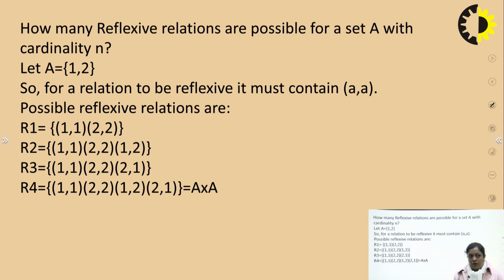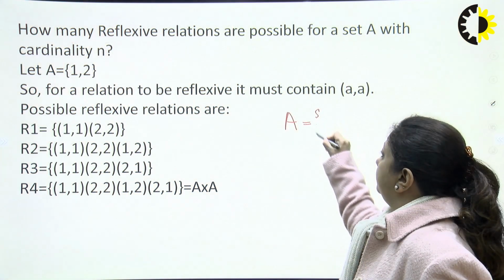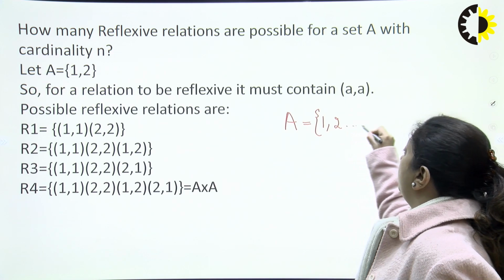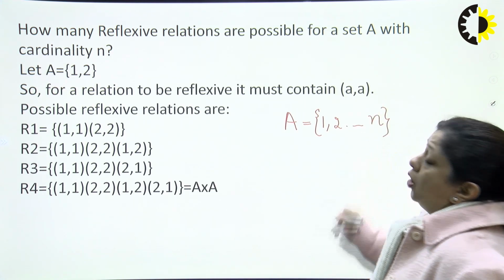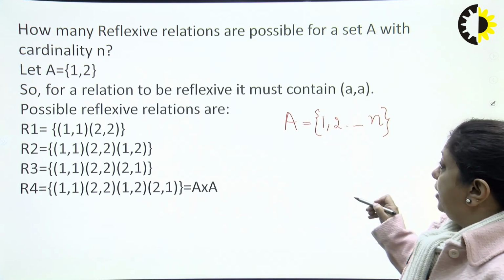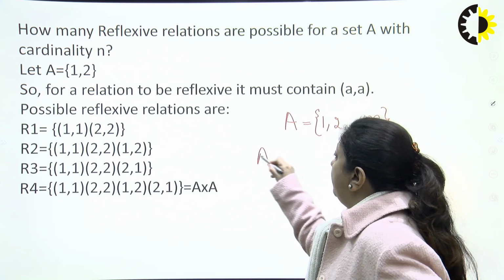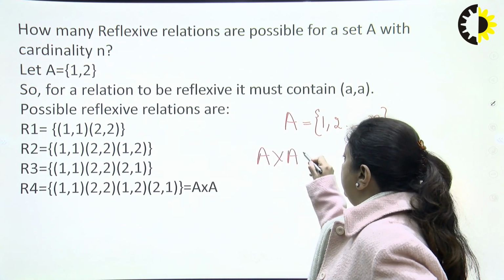But we need to find out that if my set A in general has n elements, that is 1, 2 up to n, in this case, how many reflexive relations will be possible? For this, how can we calculate it? Now, see, whenever I find my A cross A, it will contain the ordered pairs.